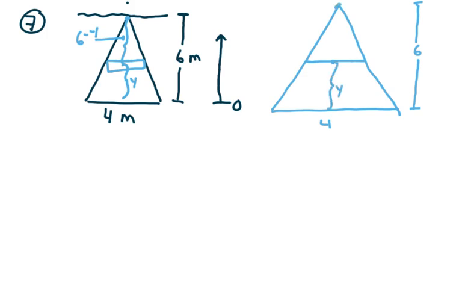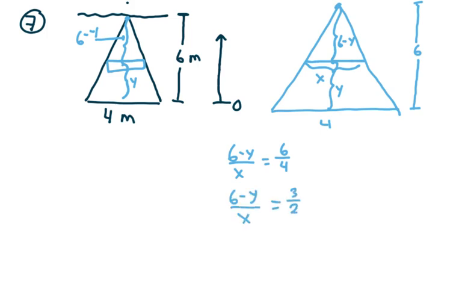So the distance from the top of the triangle down to this guy here is going to be 6 minus y. Now, the length of this base I'm going to call x. So I'm going to take the height of the small triangle to the base of the small triangle. So in other words, 6 minus y is to x as 6 is to 4. So 6 minus y is to x as 3 is to 2.